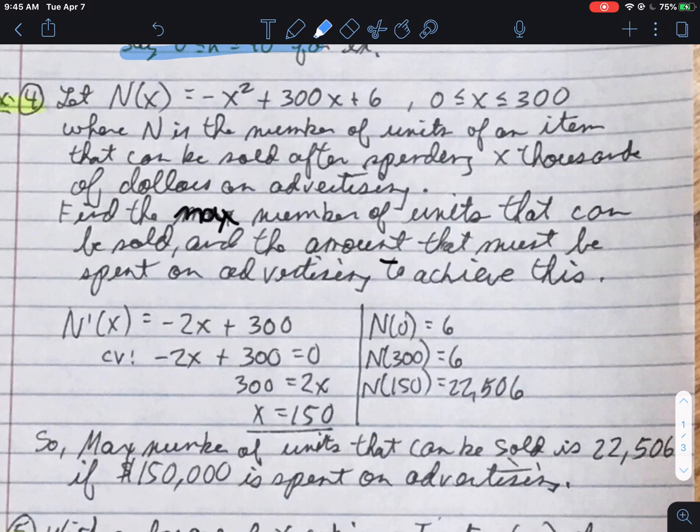So, that's a realistic question to ask. What would I expect the maximum number of the product to be that I could sell? And then how much advertising do I need to do to achieve that maximum? But in an application, any time you have a question that asks you to find the maximum value or the minimum value, it's all about optimization.